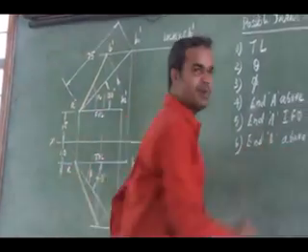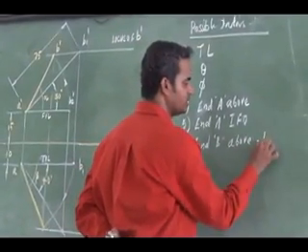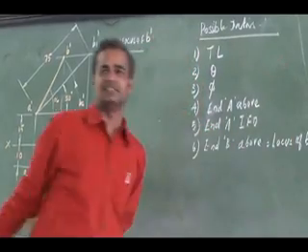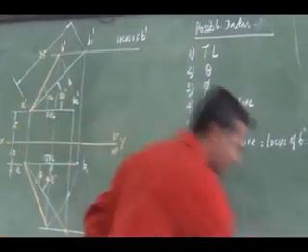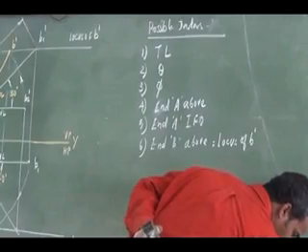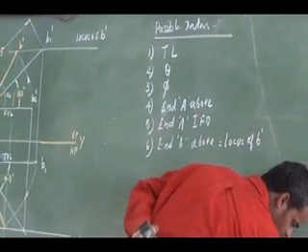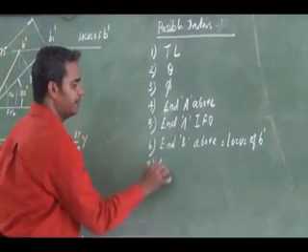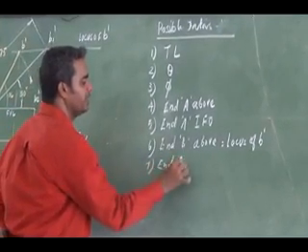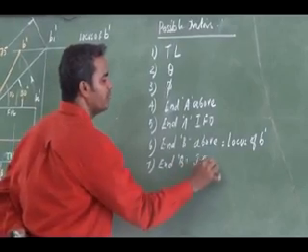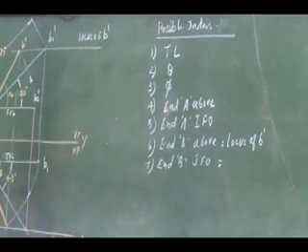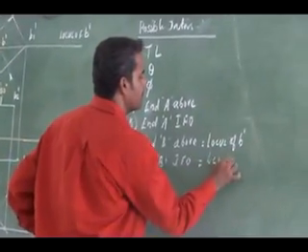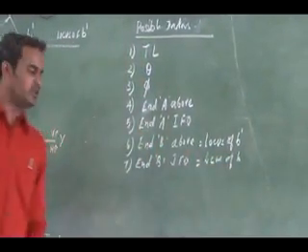So end B above distance is nothing but locus of B dash. Similarly, I can have data of end B in front of distance. What is that? Locus of B. So this data will be given.